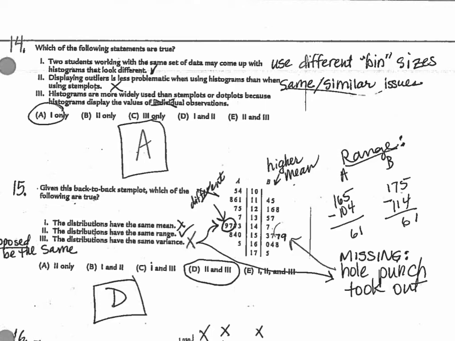So yours could look different than mine. So that is true. And then statement 2: a histogram is so similar to a stem plot. It just doesn't show the individual values. They have the same issues dealing with themselves, okay? The only additional deal that they might have is stem plots are difficult with large data sets, and histograms don't show the individual data, which is what's wrong with 3.